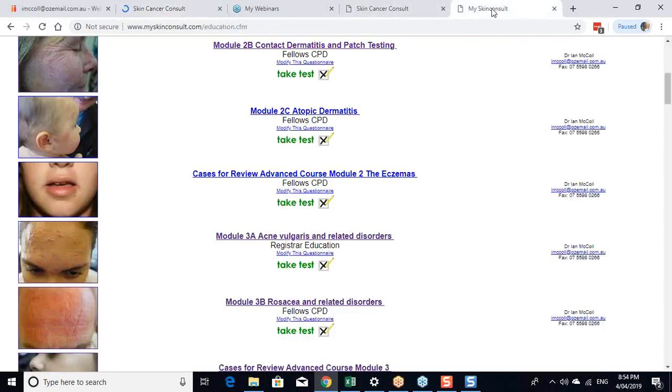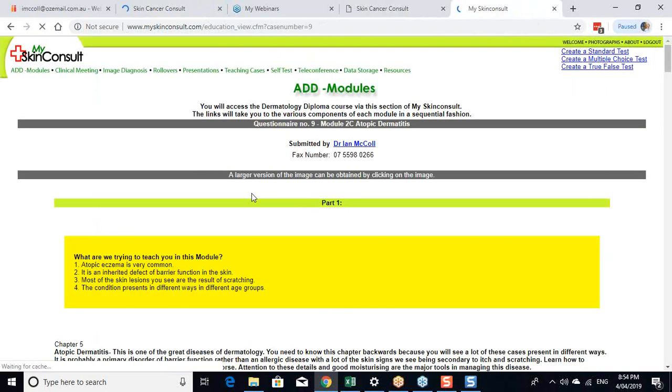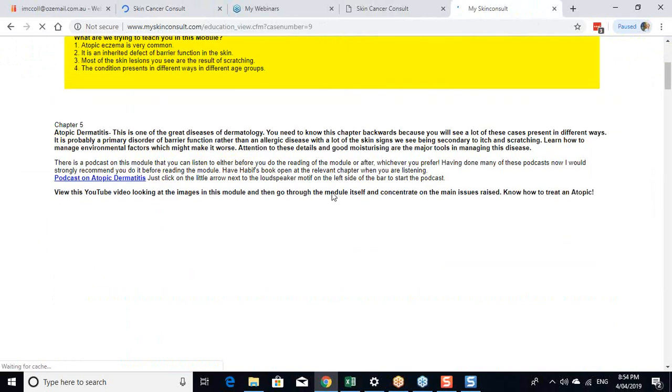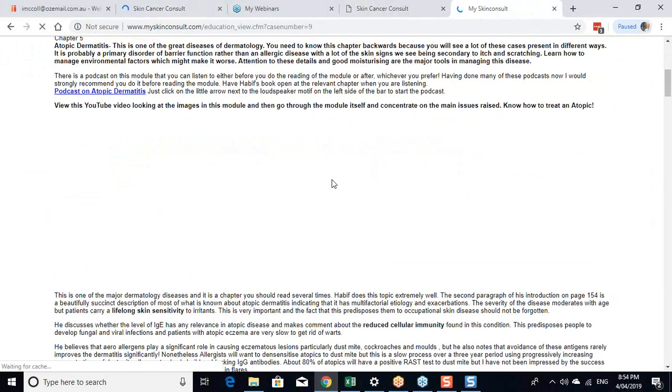Let's just have a little look in at My Skin Consult at the area of the atopic dermatitis section again. Remember, the major issue of atopic dermatitis is a defect in the barrier function of the skin.